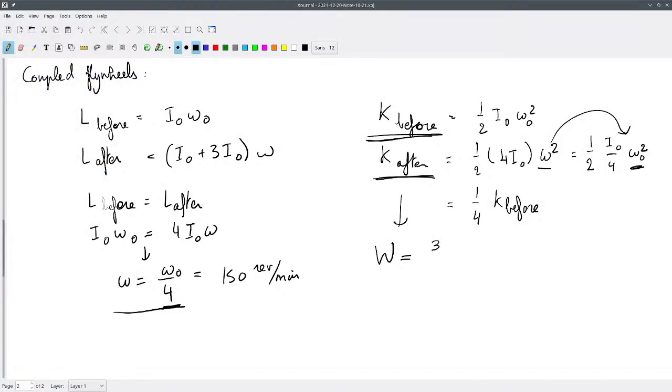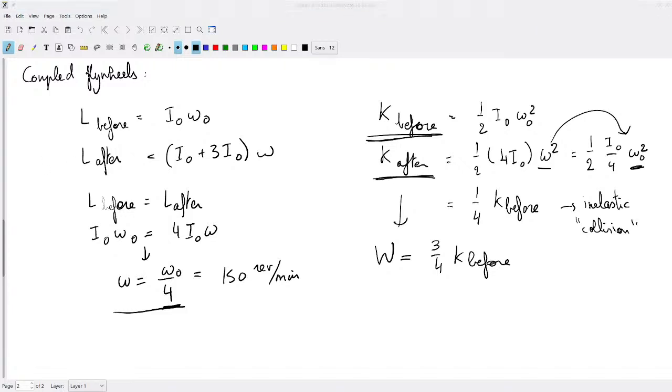So that will be 3/4 of the total kinetic energy before that is going towards the inelasticness of that collision. So this is an inelastic collision, if you want to call it a collision. We wouldn't normally call this a collision. That's why I put this in quotes.